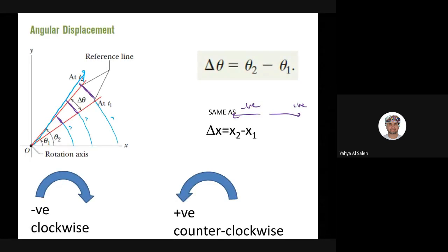There's a convention, called the right-hand rule, in that clockwise is negative and counterclockwise is positive. Now, I got very confused by this when I was a student, so I decided to make up my own way to remember which one is positive, which one is negative.